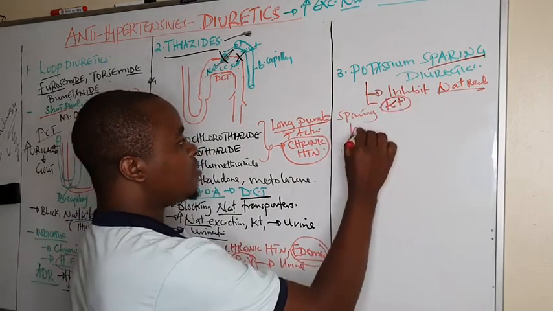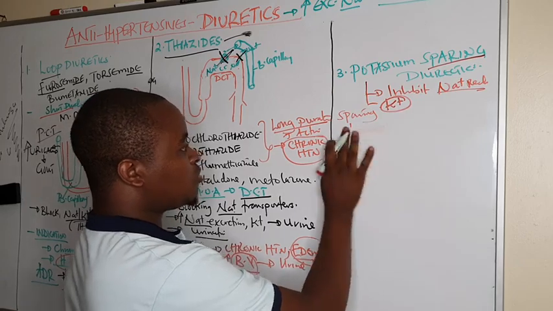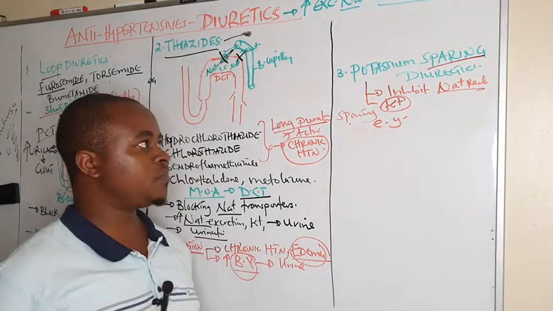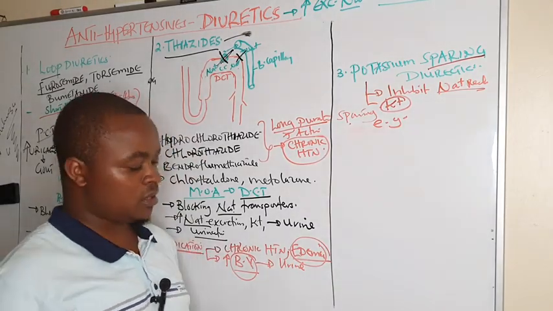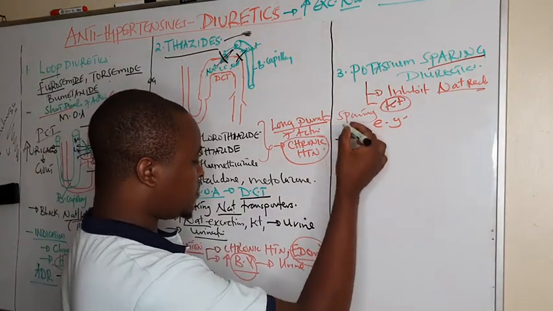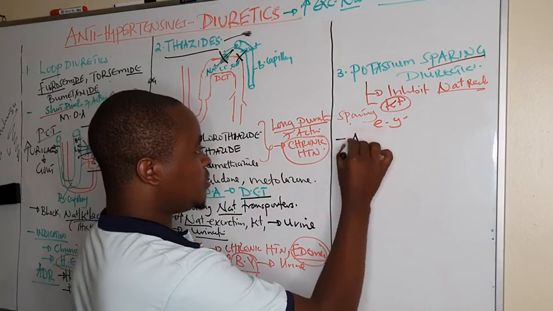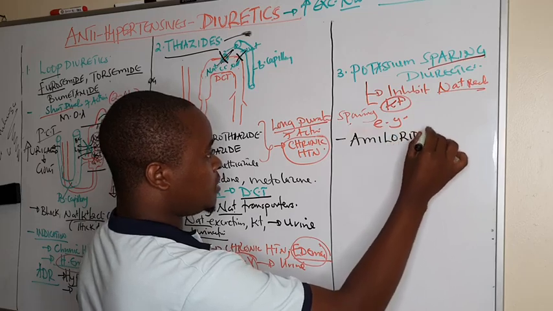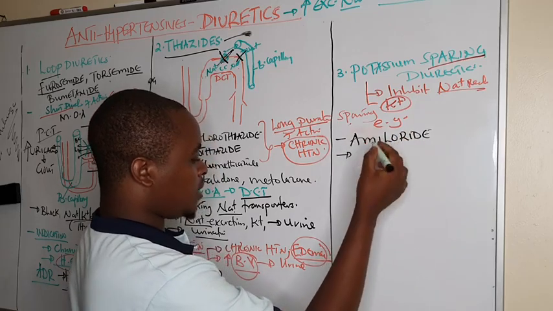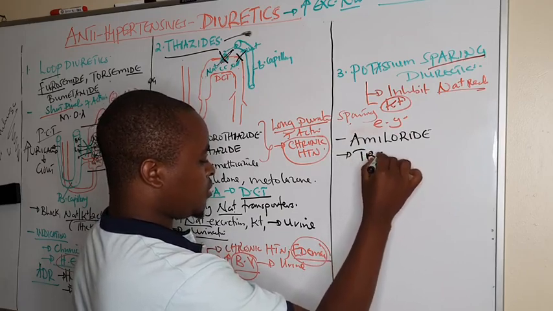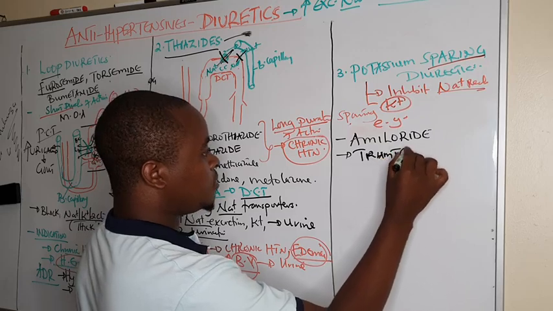As we are going to give examples of the potassium-sparing diuretics, they include amiloride, and another example we can have is triamterene.